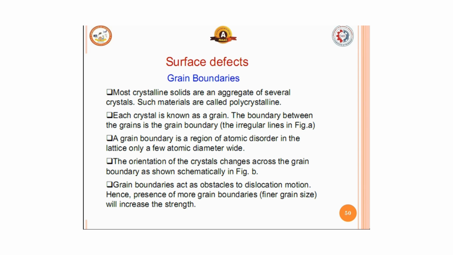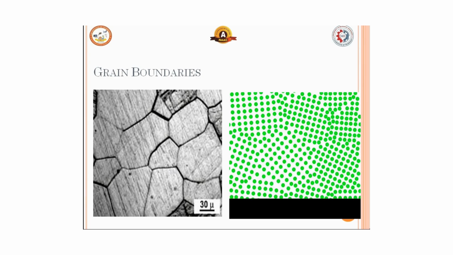So what are the surface defects? Under surface defects, you can see there will be a grain boundary. Here you can see the diagram. With respect to the arrangement of atoms, you can see there will be a boundary of certain lines.